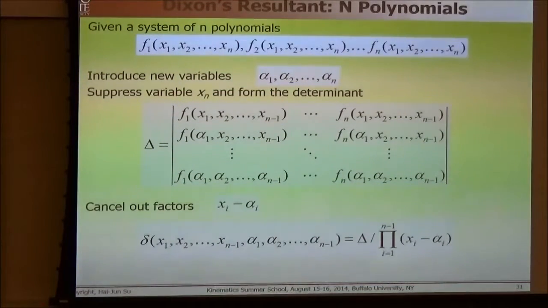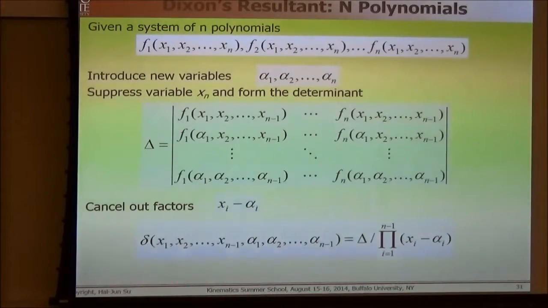Now this is a polynomial in the variables alpha 1 to alpha n minus 1, but it vanishes for a solution to the original equation for any arbitrary value of alpha. Doesn't matter what alpha it is.